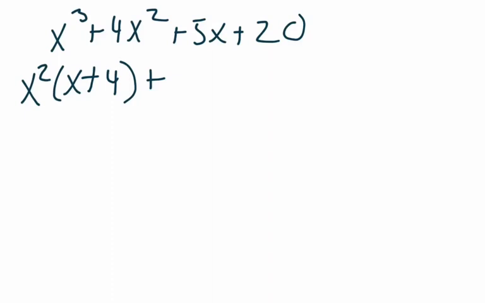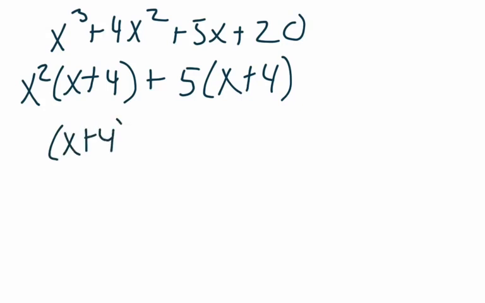For the second part here, we've got 5x plus 20. So factor out the 5 and you get x plus 4. Now we have a common factor of x plus 4, and what's left over is the x squared plus 5. It does not matter what order you have those factors in.